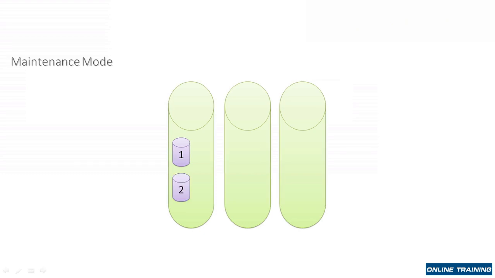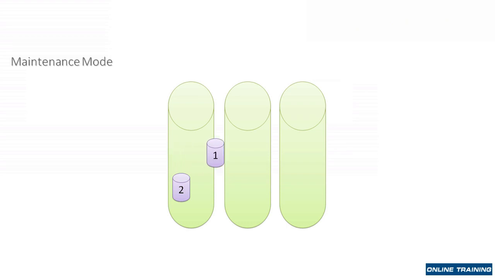So one of the handy things about creating a data store cluster is you can put a data store into maintenance mode. So let's say the data store on the far left is on one storage device and the other two data stores are on other storage devices. And maybe I need to take down a storage device, like maybe a fiber channel storage array, to do some sort of patching. Well, I can put that data store in maintenance mode.